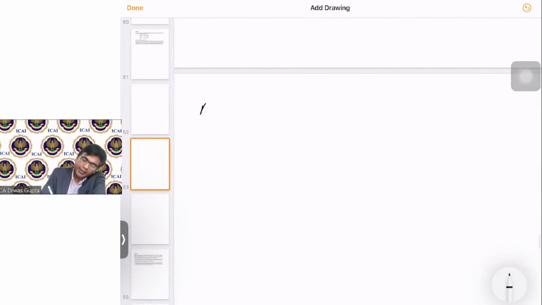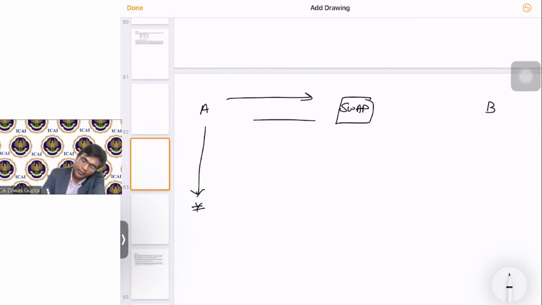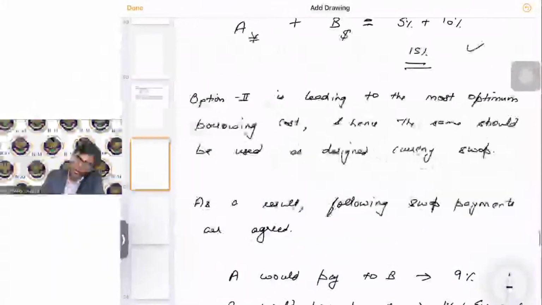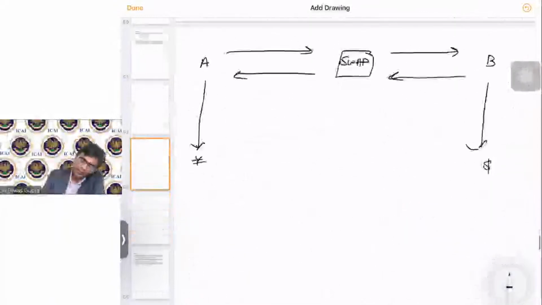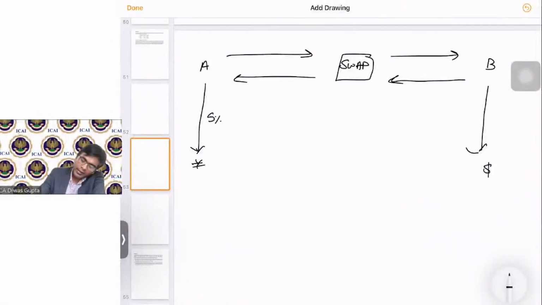So just to plot it: A, B, and here is the swap. A will take a loan in yen. There is a swap that will happen, and B will borrow in dollars. Correct? So what will A pay? A will pay 5% here.